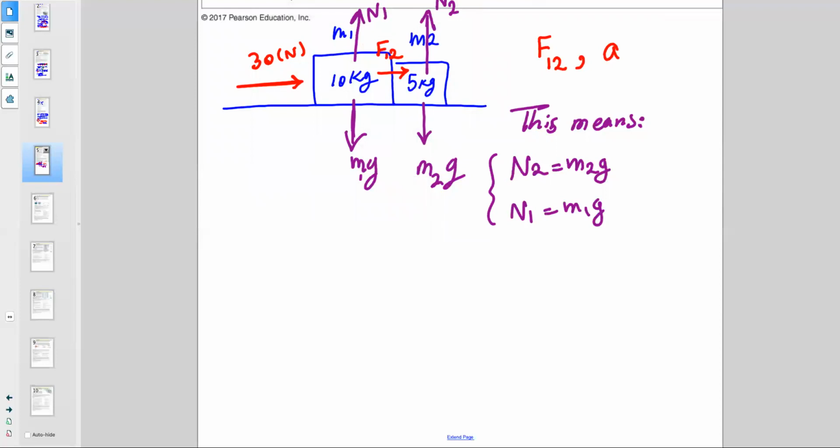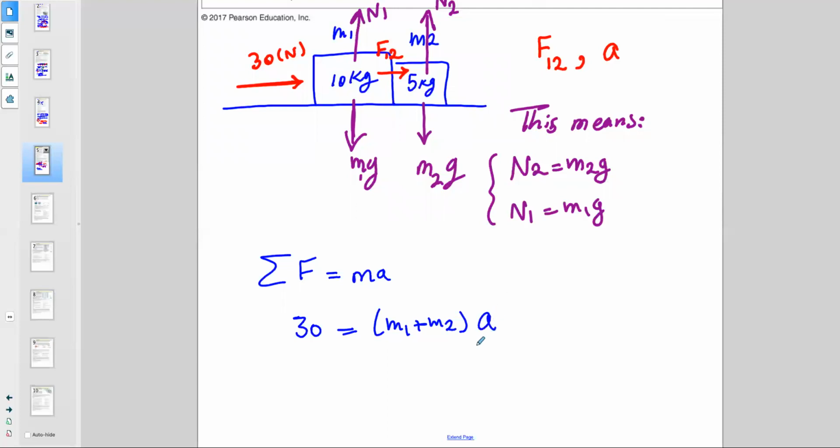What I have is that I have sigma F equals MA, okay? Sigma F is just F, or 30 newtons in our case, because that's the only external force, or the total force, acting on the two objects. I have M, which is M1 plus M2. Why is that? Because this 30 newtons is responsible for the motion of two objects, 10 kilogram and 5 kilogram, okay?